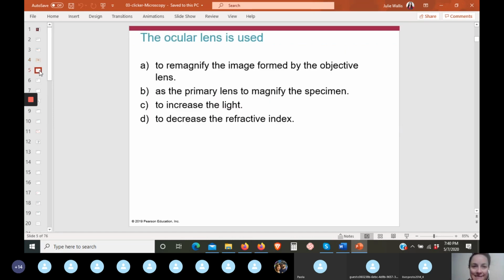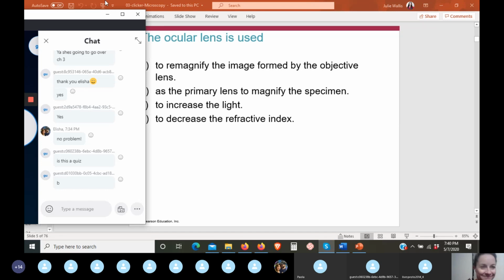The ocular lens is used to do what? Which of these is the ocular lens, also known as the eyepiece? Somebody put the answer in the chat.